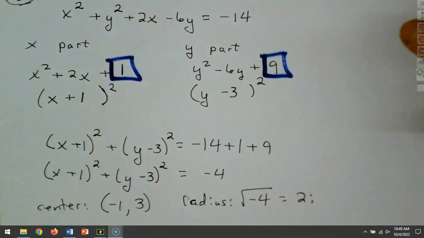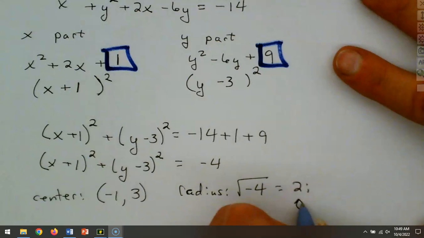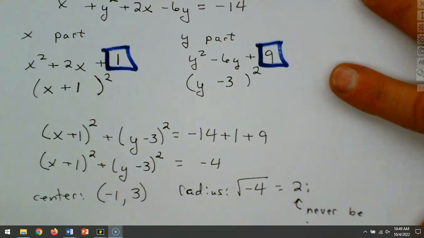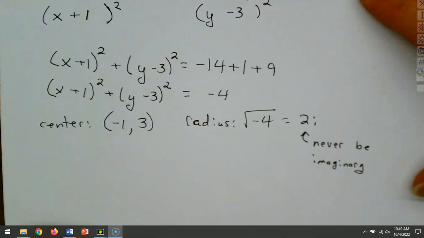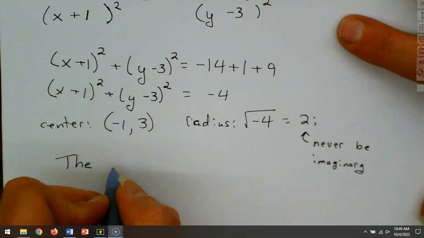And you can never have an imaginary radius, so this graph is non-existent. That's what I want for the answer. The graph is non-existent.